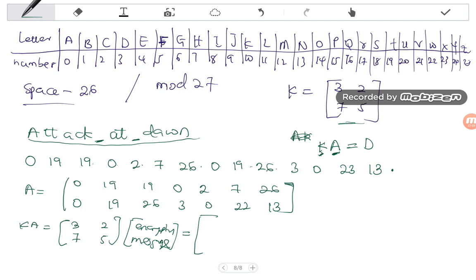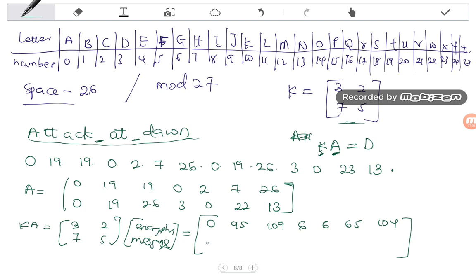If we do the multiplication, then we're going to have, in the first row, 0, 95, 109, 6, 65, 104.